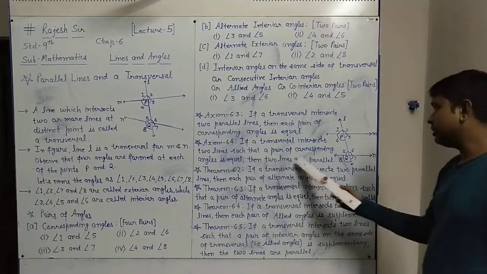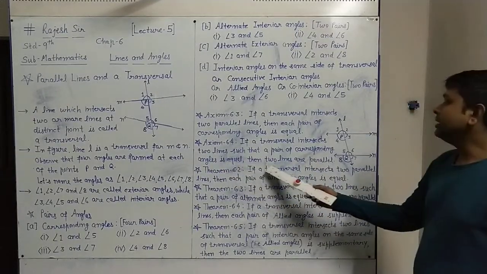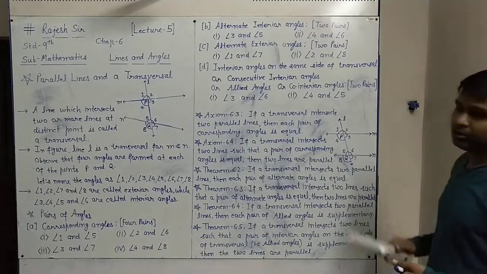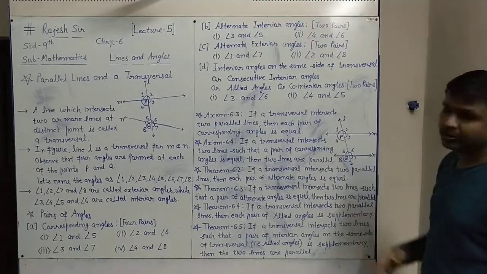That is given: such that a pair of corresponding angles is equal, then the two lines are parallel. These two lines will be parallel. So it is the inverse of this.